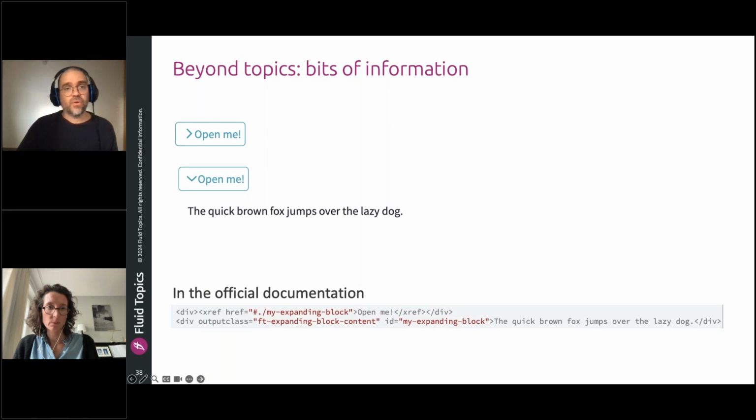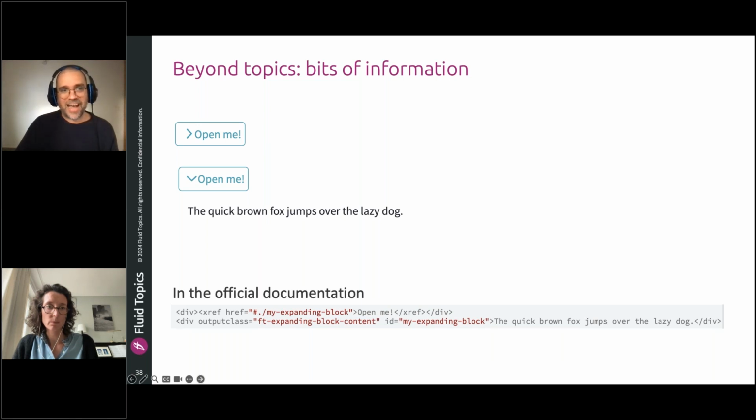As we can see, the official documentation in our case indicates a standard declaration, and it relies on a specific class, the output class FT expanding block content, and with an ID. That's the way, for instance, we could imagine declaring a collapsible.